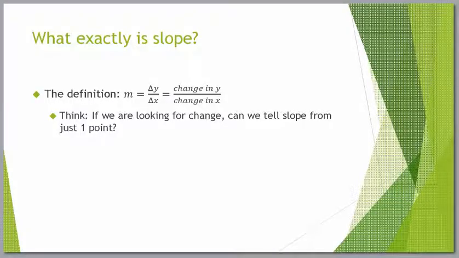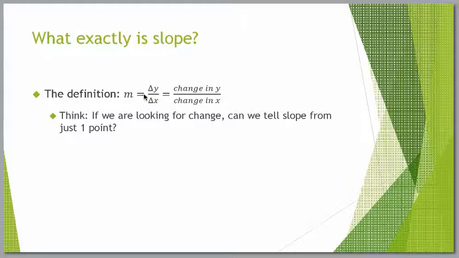So the definition of a slope, we see some odd symbols over here, but trust me, it's not too bad. Again, we have used the letter M several times already, and that is the standard letter to describe slope. We define it as change in y over change in x.